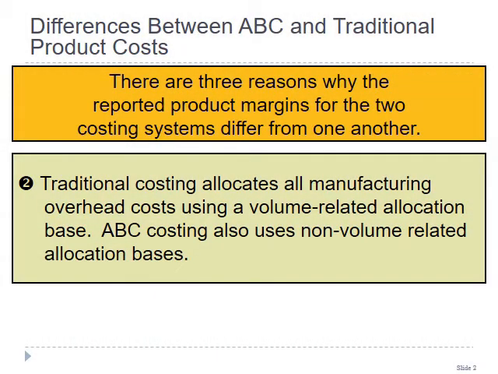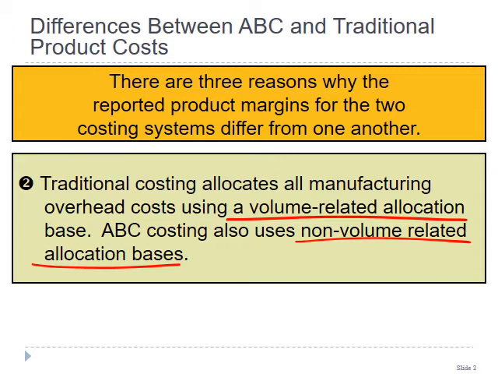The second reason is that traditional costing allocates all manufacturing overhead costs using a volume-related allocation base, whereas ABC costing also uses non-volume-related allocation bases as well.